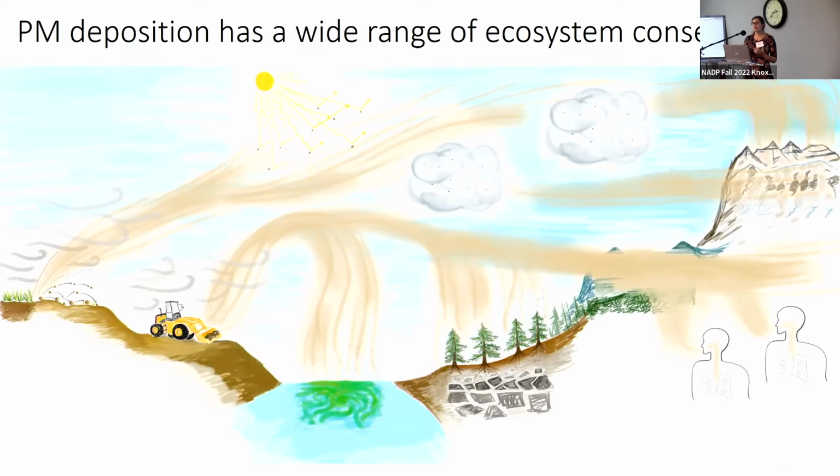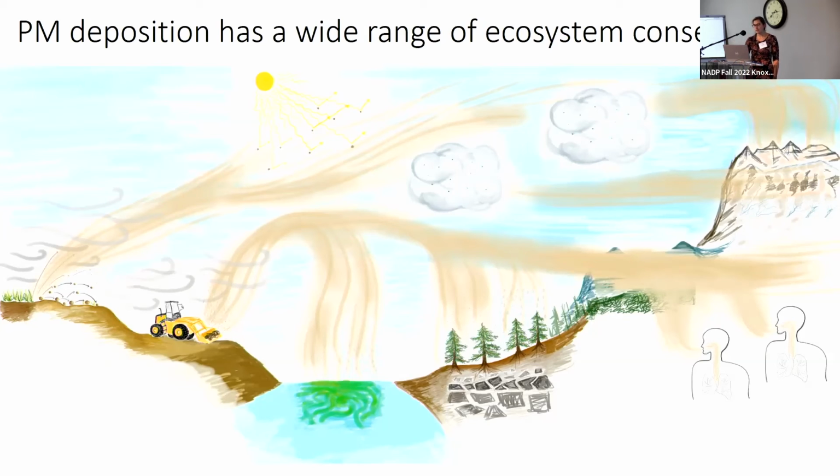And these consequences can also really depend on the chemical composition. So it is important that we understand the spatial and temporal patterns of PM composition, which makes it easier to predict its impact.